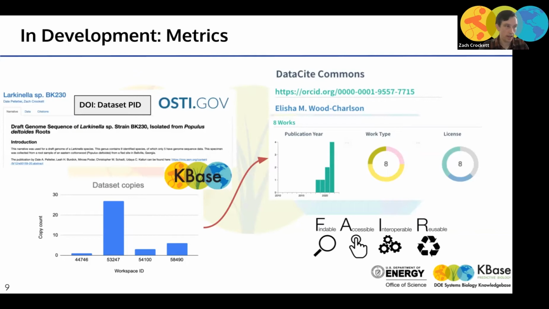At the moment, we're working with DataCite to figure out what information on the system needs to be tracked to accurately report copies and views of data sets, because as I mentioned, the static narratives are outward facing, so they would be indexed by things like Google, and the live narratives are behind the KBase login, so we have to do system metrics, and so we're consolidating those two things to get an accurate measure of the impact of static narratives and narratives with DOIs.